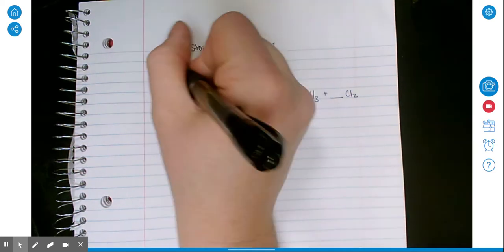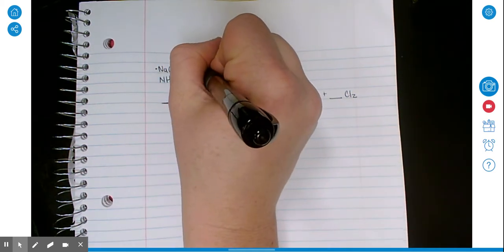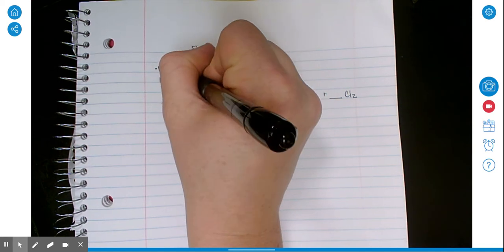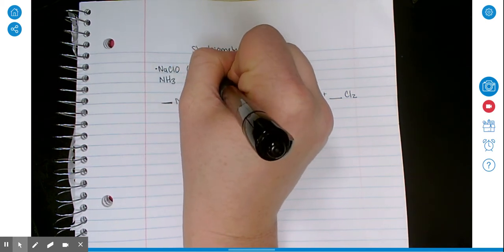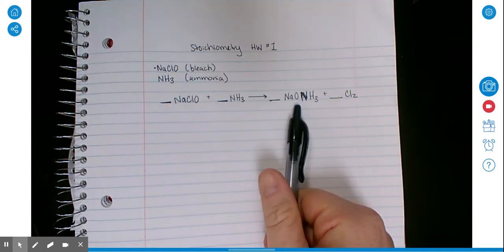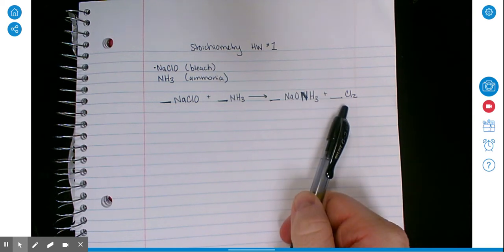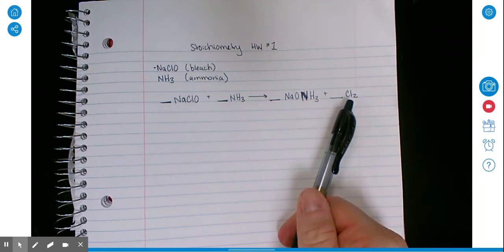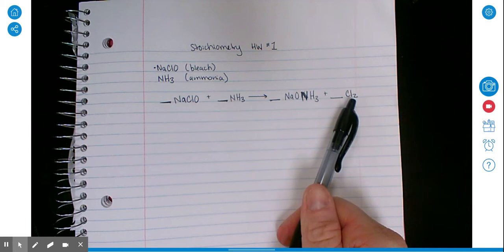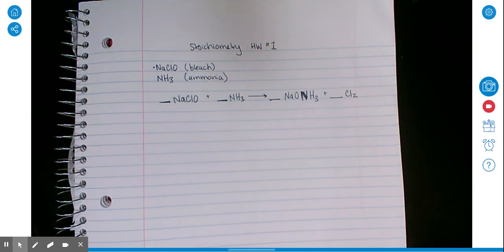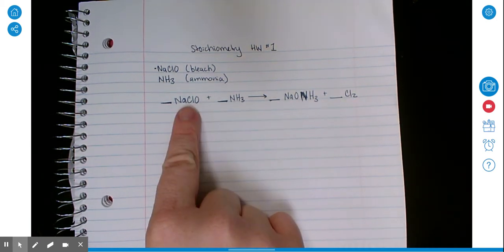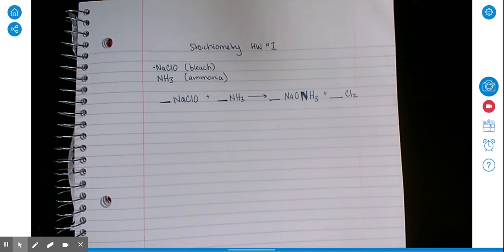So if you mix bleach with ammonia, you can run the risk of producing chlorine gas in your home. We worry about this especially at pools or other industries which use very strong forms of bleach and very strong forms, especially of ammonia.